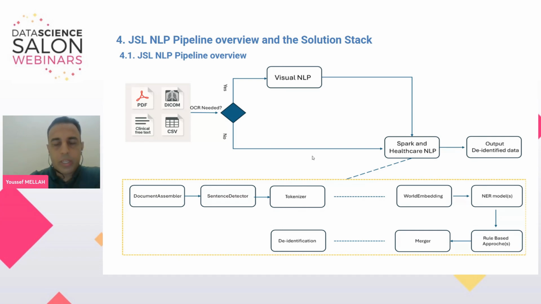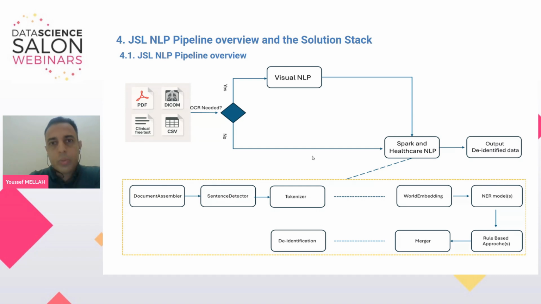The first step is to check if the document type is visual. If it is visual, we need some of the OCR techniques that are included in the John Snow Labs Visual NLP in order to extract the data from, let's say, scanned images or, for example, scanned PDFs or from the DICOM pixels.